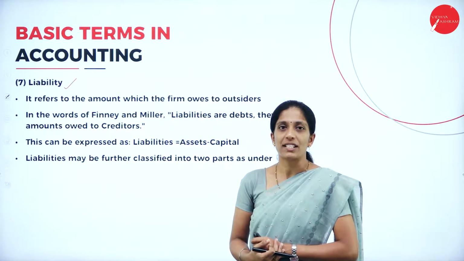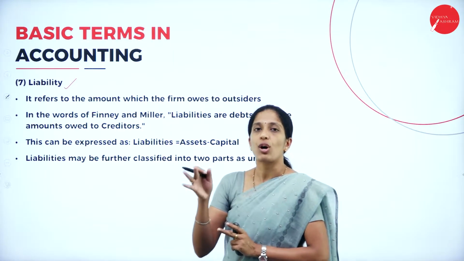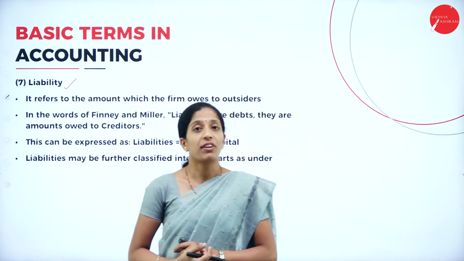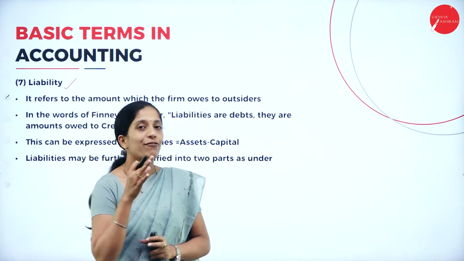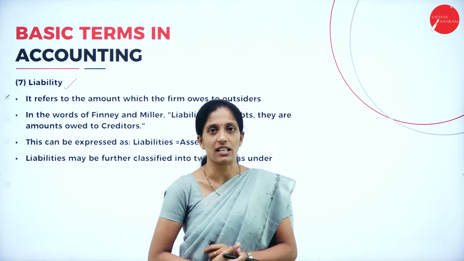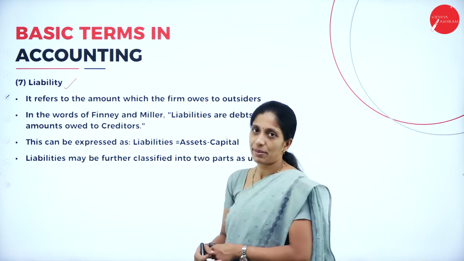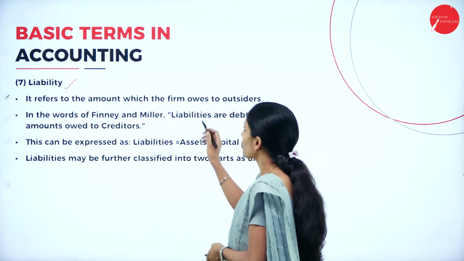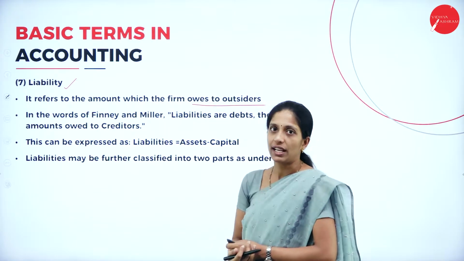Now let us see the next term, that is liability. What do you mean by liability? For every organization, in order to know the financial position, we have to know the total value of assets and the total value of liabilities. Liability refers to the amount which a firm owes to the outsiders.